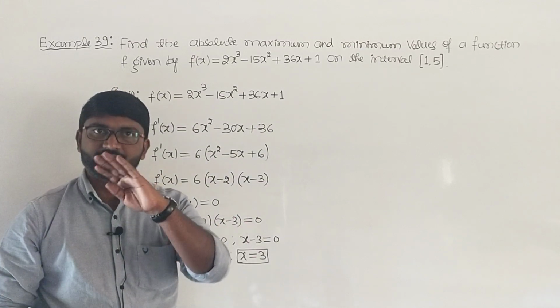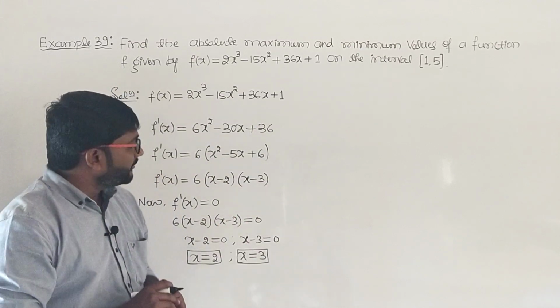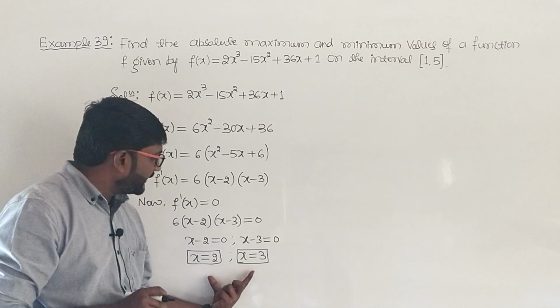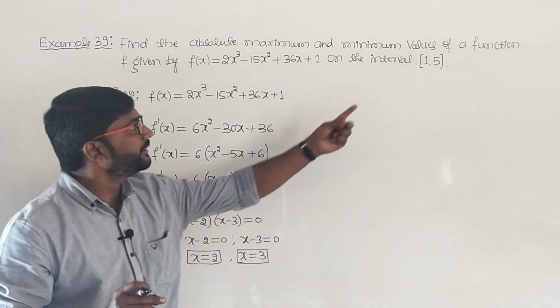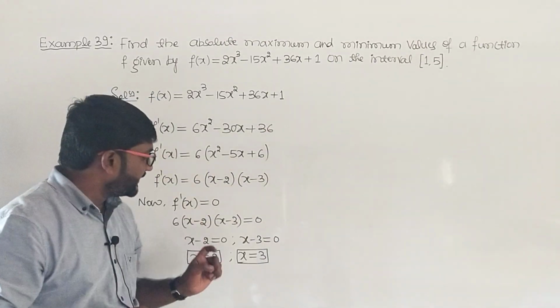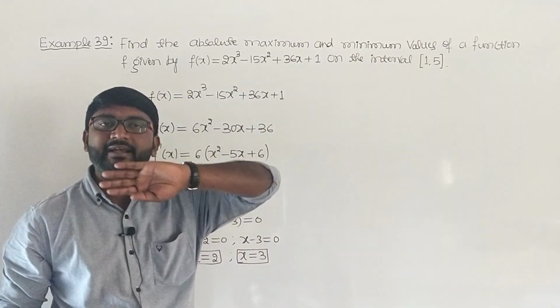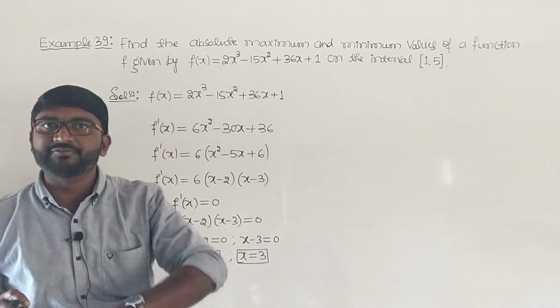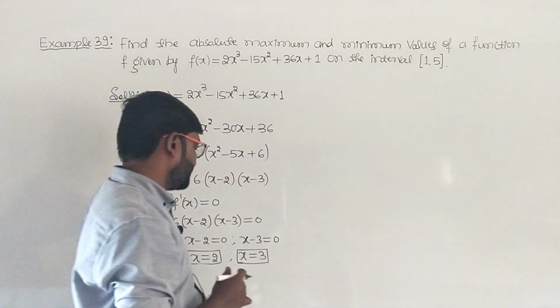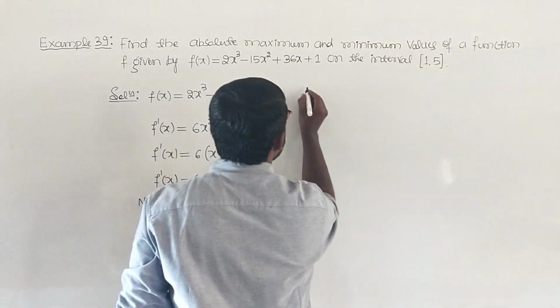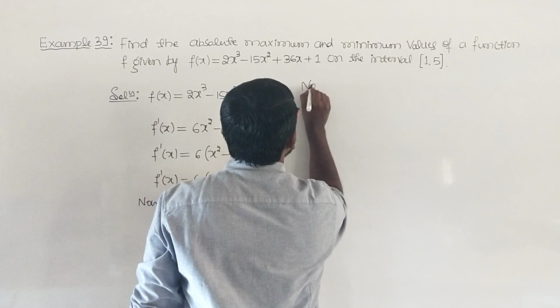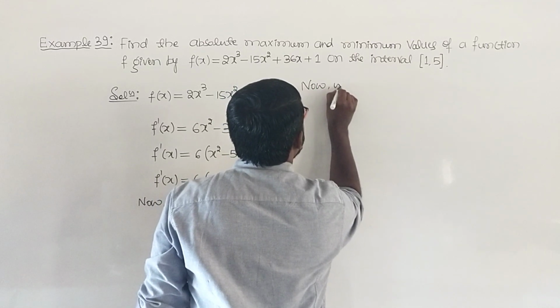What is step number 2? It is to evaluate the given function at the critical points and at the end points. That means at x equal to 2, x equal to 3, x equal to 1, and x equal to 5. Overall we should get 4 values.